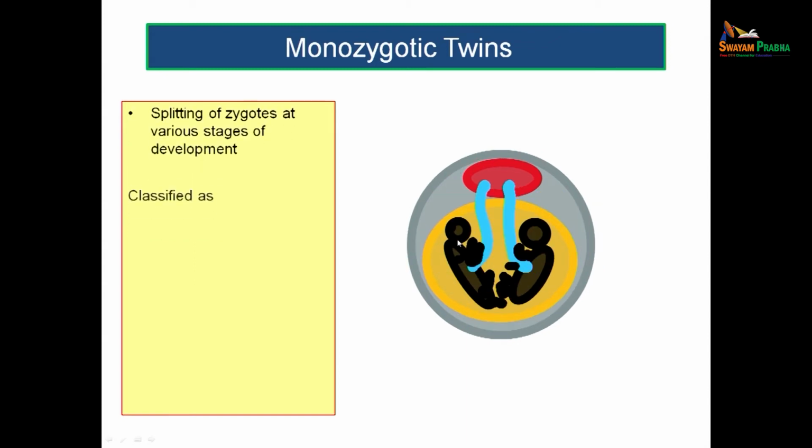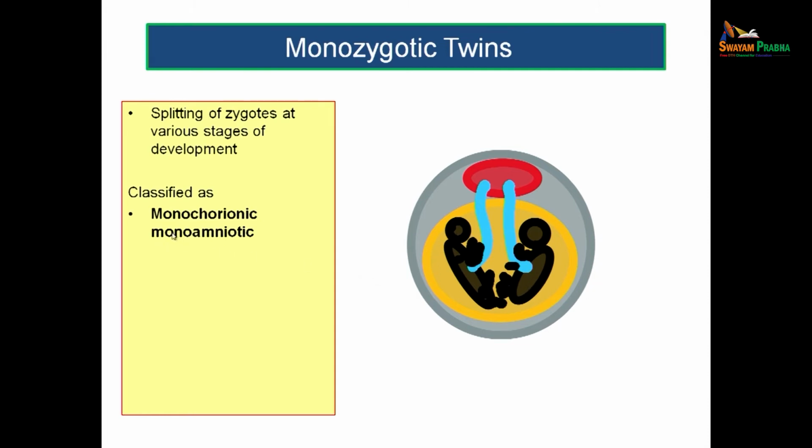Another variety of monozygotic twin is monochorionic monoamniotic. What do you mean by monochorionic monoamniotic? You can see the two twins, but they are sharing a single chorionic cavity and a single amniotic cavity. So, the twins are lying in a single chorionic cavity and a single amniotic cavity.